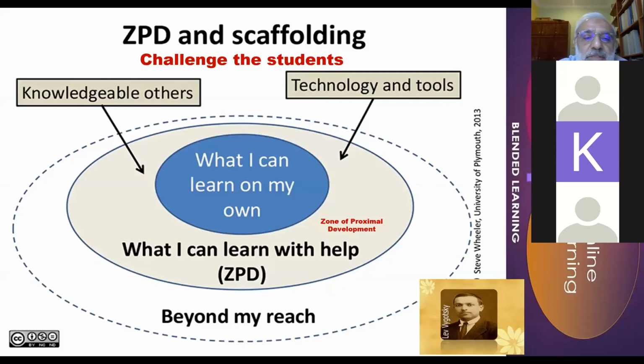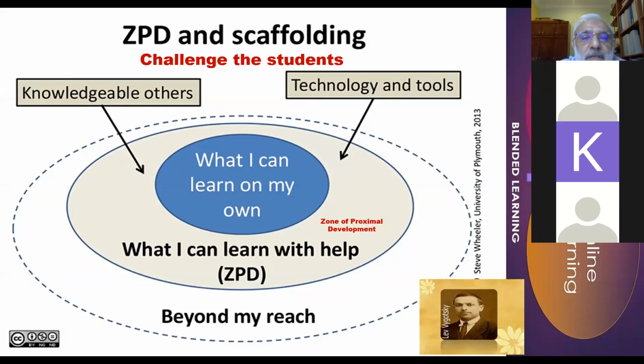We don't need to teach what students can learn easily on their own, because it would be very boring for them. And if it is something which is beyond them, they cannot really learn that at that particular stage. That would be overwhelming. So the best area is the middle one, which is termed the zone of proximal development.